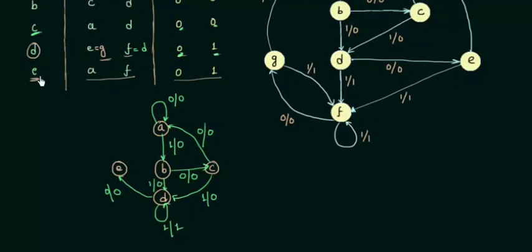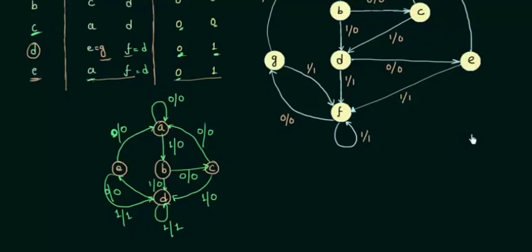Now if I'm on E and input is 0, I will go on A with output equal to 0. If input is 1, I will go on F, and F is equal to D. So I will go on D like this when input is 1 and output is also 1.